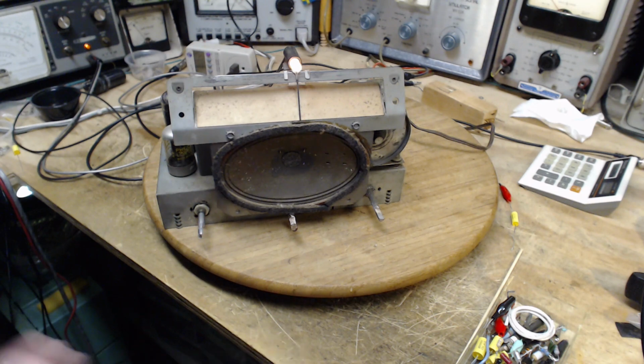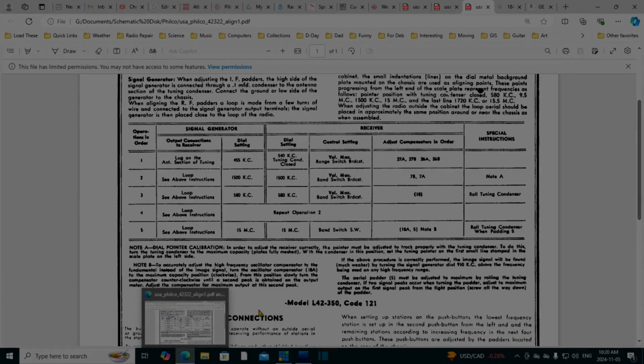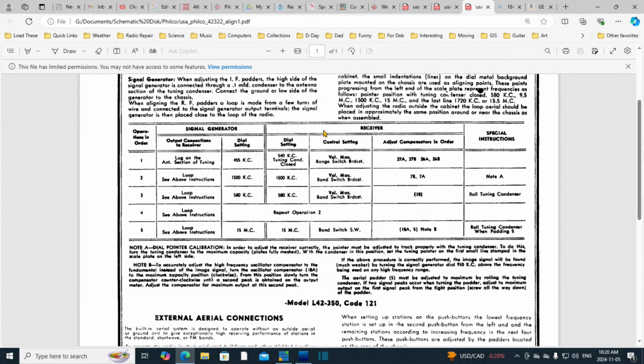And there should be a hint in the service manual somewhere. So I'm going to go look. Okay, so here's the alignment instructions, and I'm looking somewhere in here for a hint as to whether the oscillator is above the target frequency or below. And there is a hint in here. So the technique they suggest is right here.